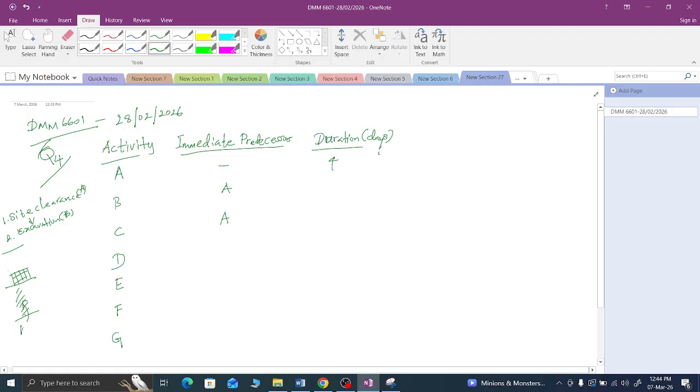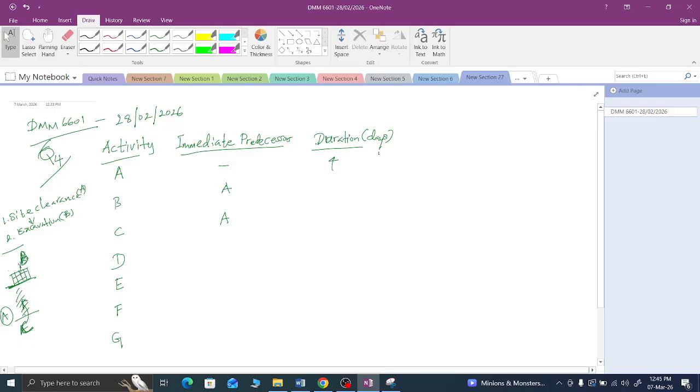So B is the plastering and C is the brick work, and B and C can start at the same time, after activity A. After concreting of this slab, at a particular time I can start plastering here as well as constructing the wall here.